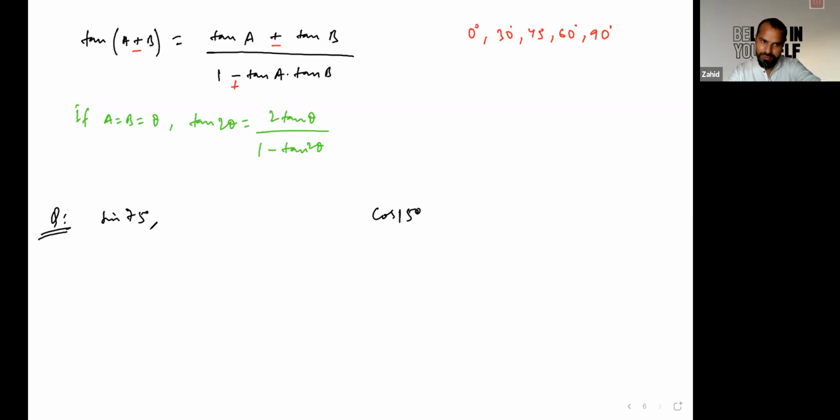It will be better to break the angle into angles known to you, just as we can break 75 degree as 45 degree plus 30 degree. So this would be your A and this would be your B. Put in the formula as we discussed earlier for sine of A plus B, and on putting all values, we can find sine 75 degree. Similarly, if we want to calculate cos of 15 degree, 15 is the difference of 45 and 60 or 45 and 30. So we can write it as cos of 60 degree minus 45 degree.